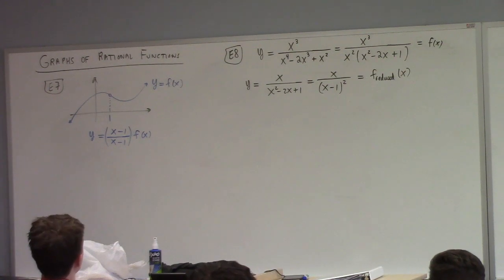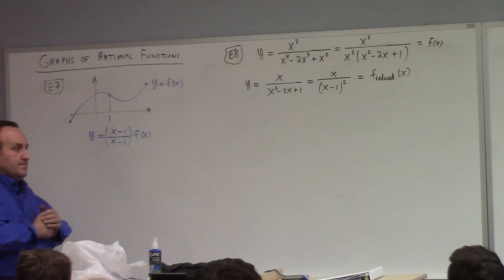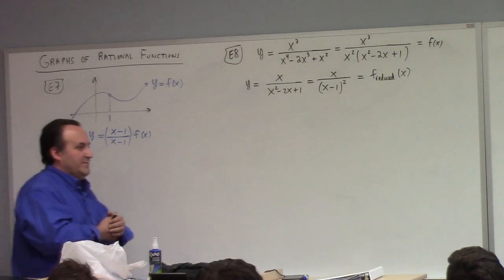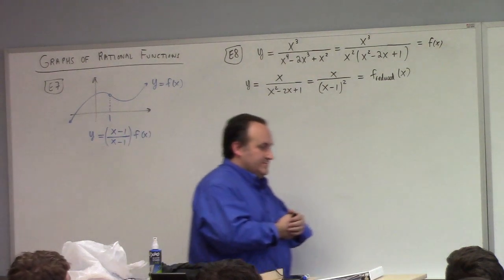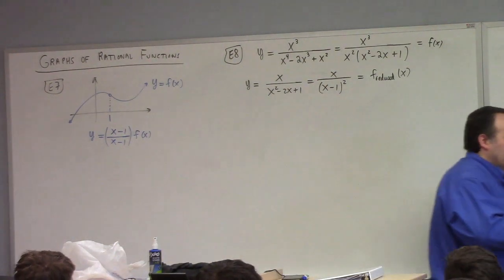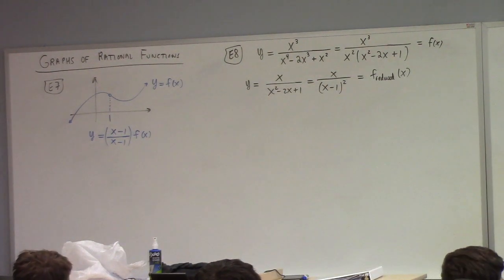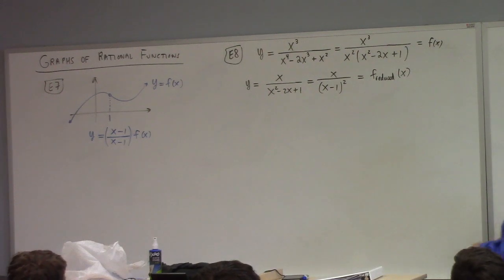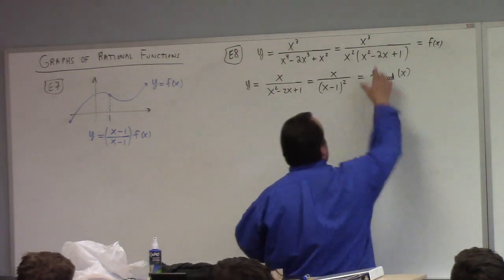Where is the hole? I guess I've been kind of boring. It's the same as the example before last. The hole there was at 0 because I canceled out the factor of x over x. So this one, the hole is again at 0, because we've got this over that.